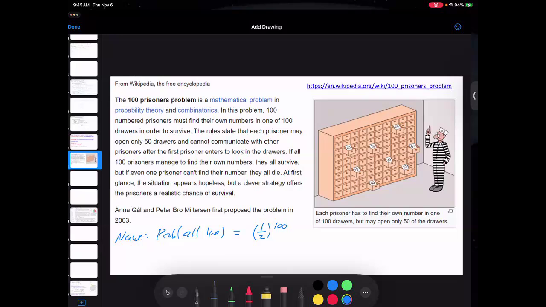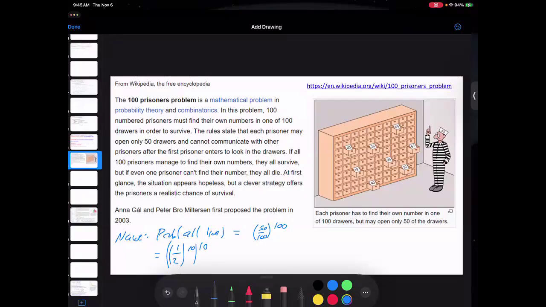Right? Each prisoner has a 50-50 chance because they get to look at 50 out of 100. So it might be better, as was suggested, to write this as 50 over 100 and not 1 out of 2. So this is going to be 1/2 to the 10th to the 10th.